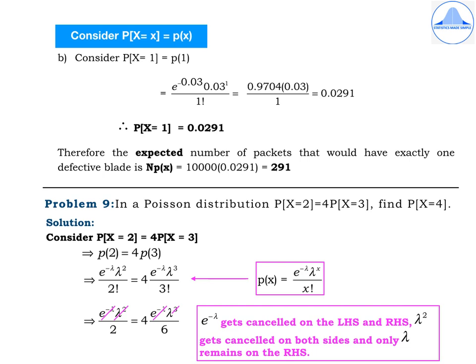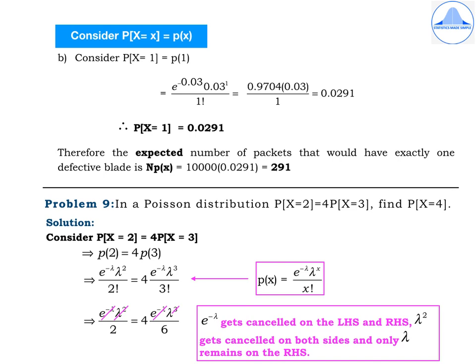You know that 2 factorial is 2 into 1, which is 2, and 3 factorial is 3 into 2 into 1, which you get as 6. Now you see that e to the power minus lambda will get cancelled on the left hand side and on the right hand side, and on the left hand side you have lambda square and on the right hand side you have lambda cubed.